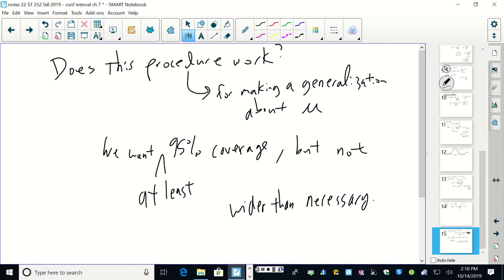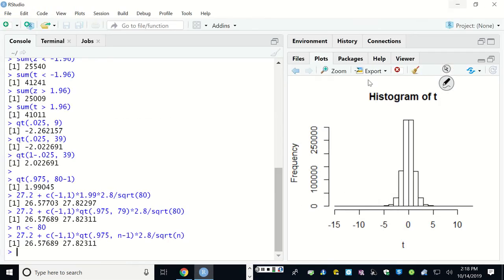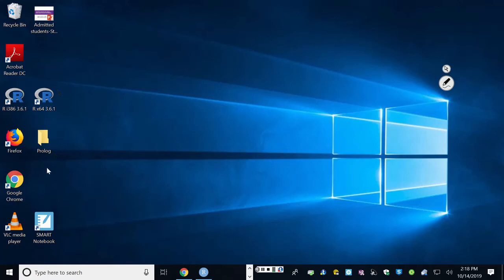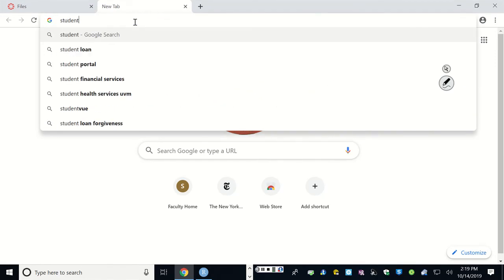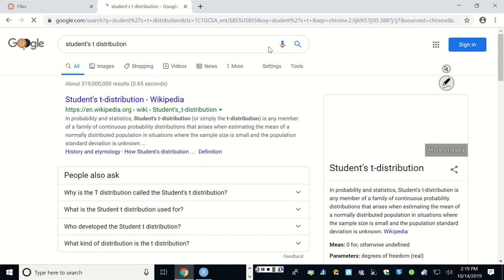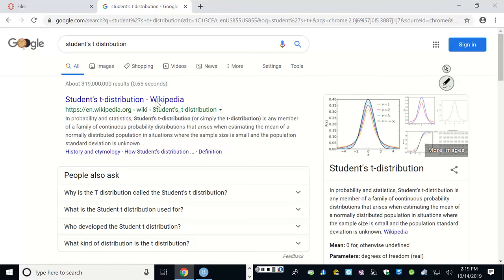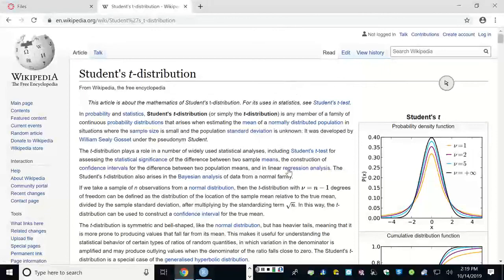Other people have also researched this, right from the start. So this t distribution, Student's t distribution, is in Wikipedia, which is fine to look at for some sources, and there's a whole article about it.